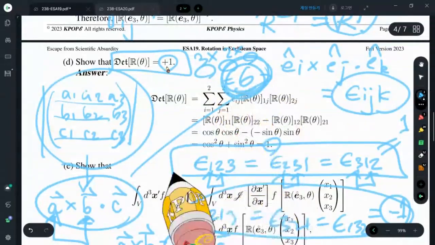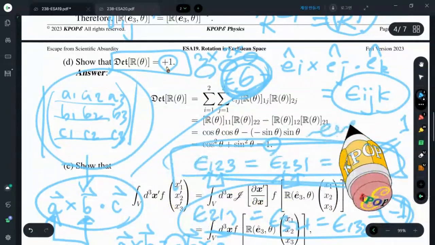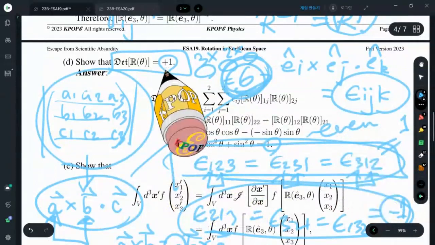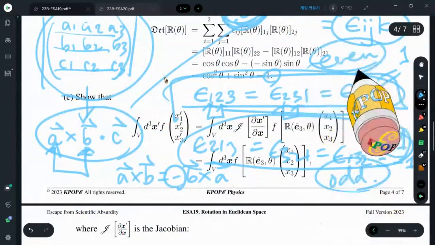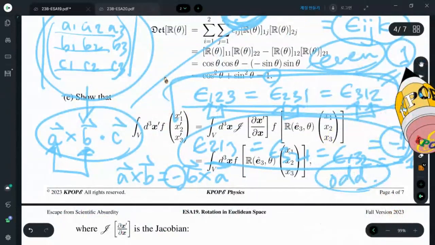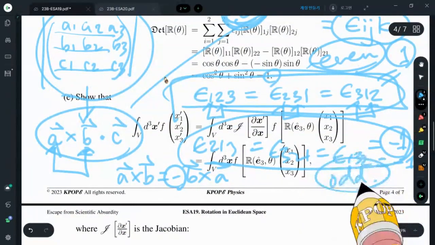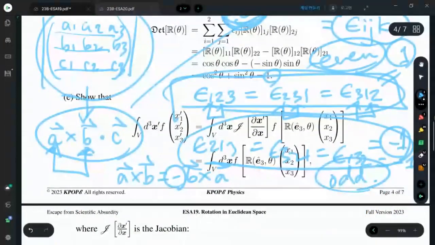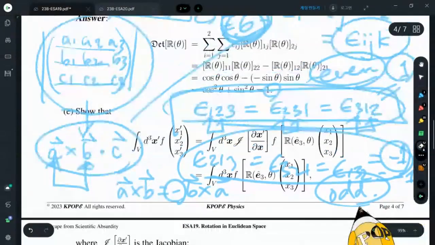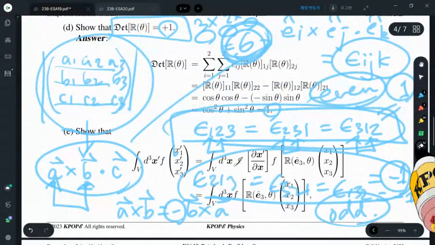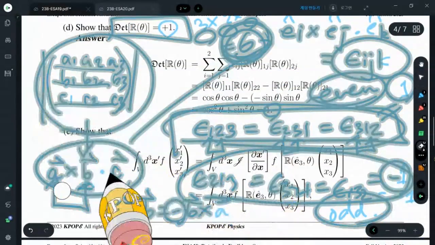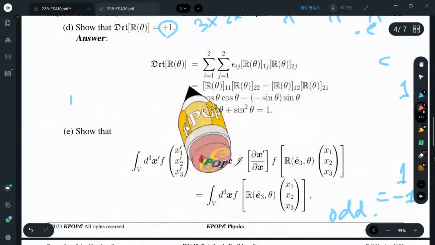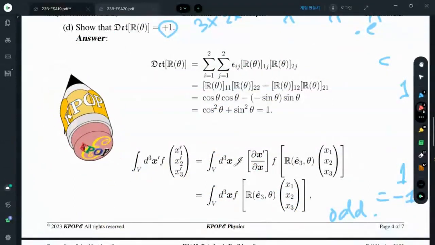Among 6 cases, we have 3 even permutations and 3 odd permutations. Even permutations have a positive sign, odd permutations have a negative sign. So applying everything all together, the determinant of this matrix, this is even simple.